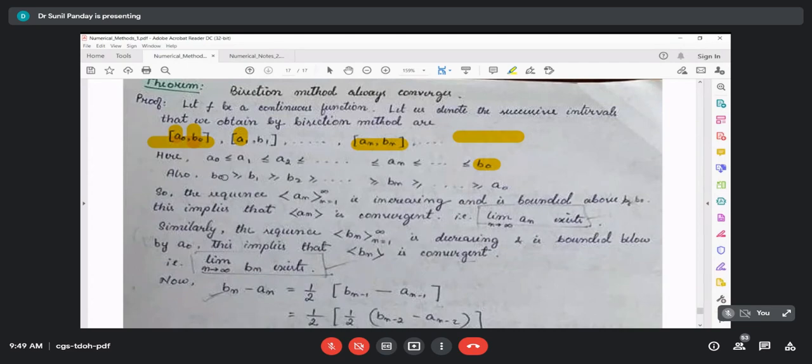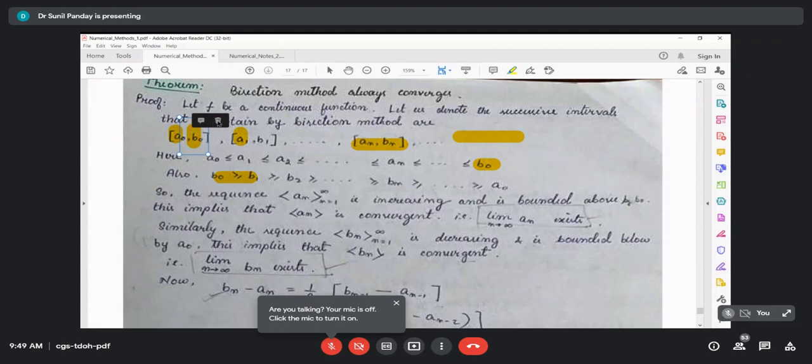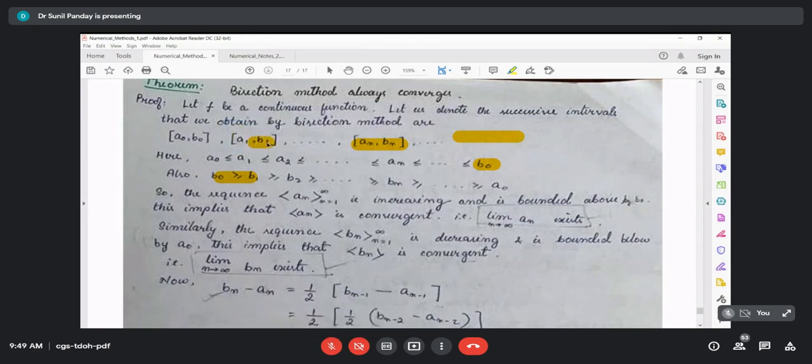Now we go to the second sequence, b1. Since b0 is greater than b1, obviously here again one case is that b1 is equal to b0, and another case is that b1 is (a+b)/2.